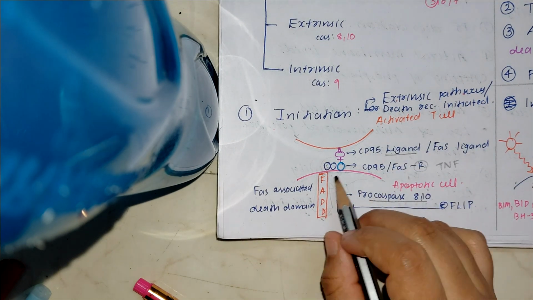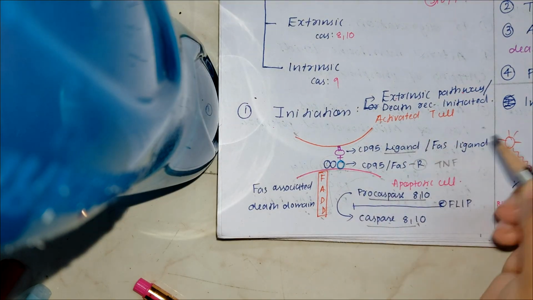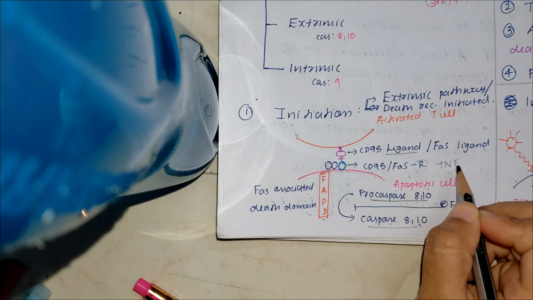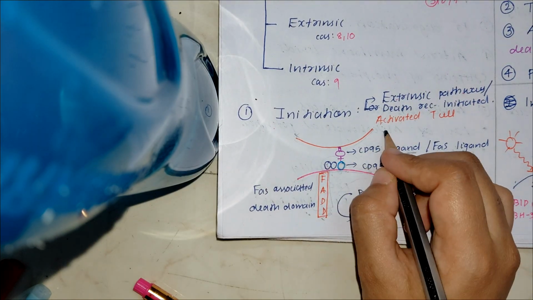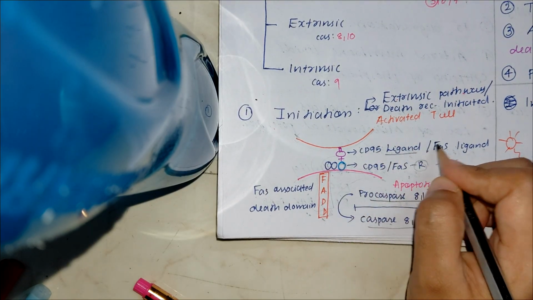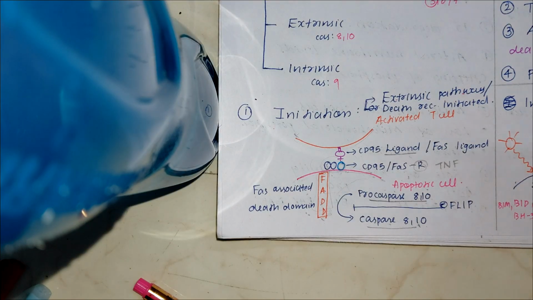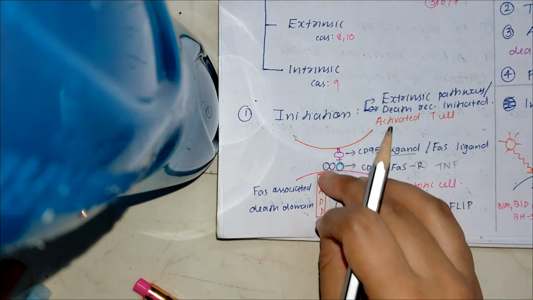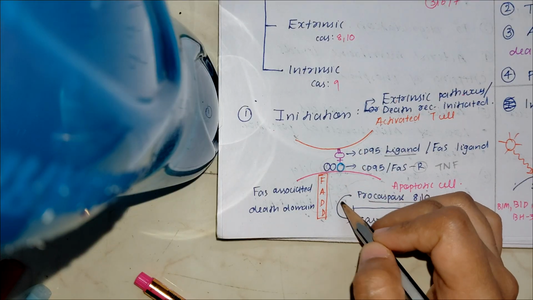Are you clear? We have an apoptotic cell and an activated T cell. The apoptotic cell contains a receptor, CD95, FAS, or TNF receptor, and the ligand is CD95 ligand, FAS ligand or TNF-alpha ligand. They bind together, and there is an adaptor protein, FADD.